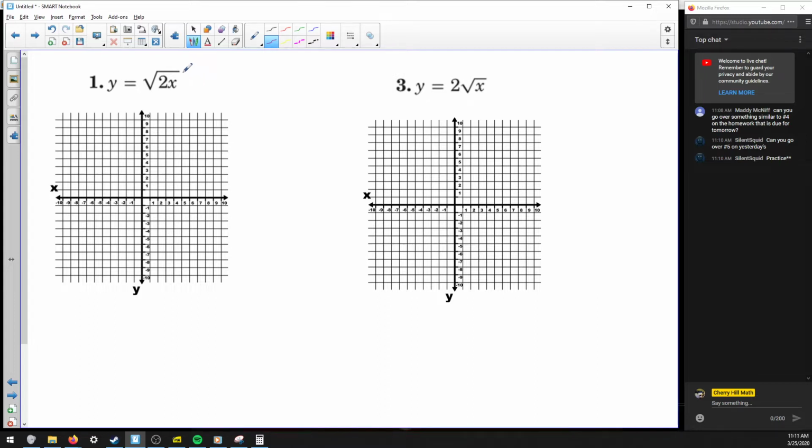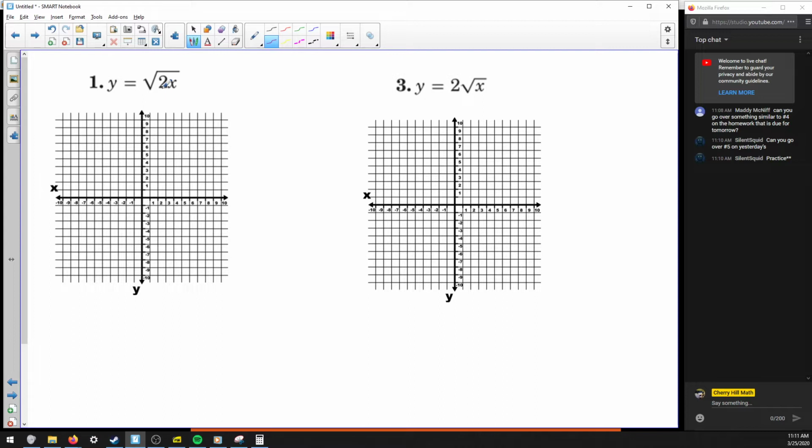But it does make sense to plug in a 2 for x, because if I plug in a 2 and do 2 times 2, I'll get a 4 under here, and I do like the square root of 4. So we're thinking about what x values should I plug in that will give me nice numbers that will square root, and that way we won't have to deal with all the decimals. But again, if you want to, you can plug in any numbers that you want.